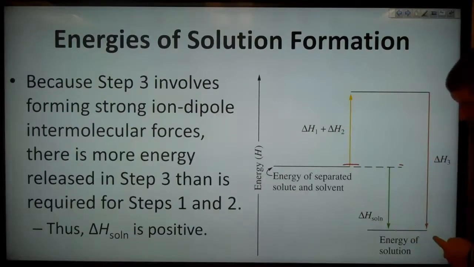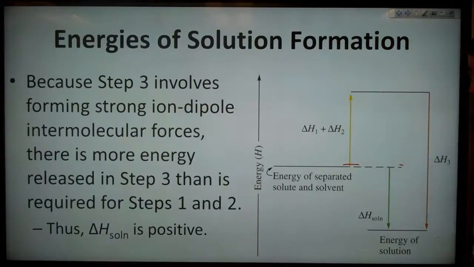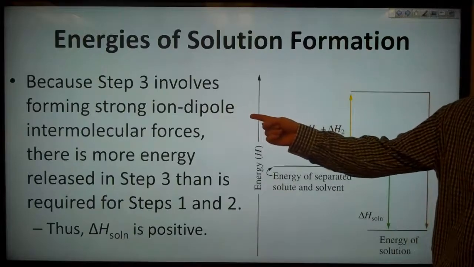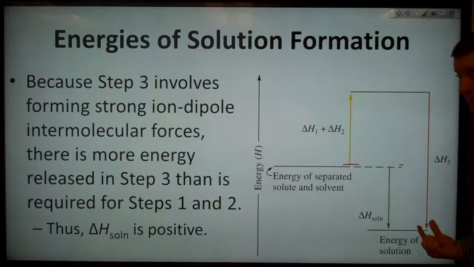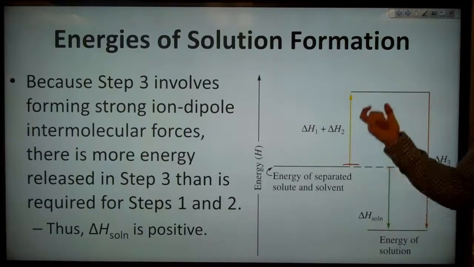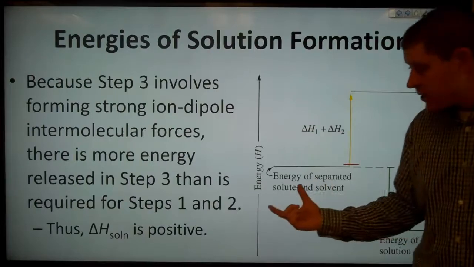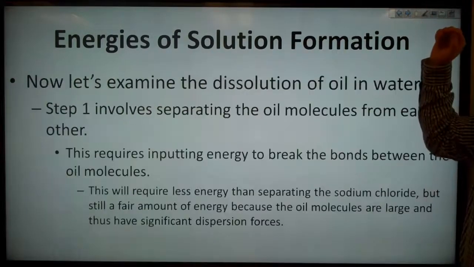We're releasing more energy than what we had to put in. So overall, we get energy out. Again, because we're forming these very strong ion-dipole intermolecular forces, there's a lot more energy released here than the energy that we had to put in to separate our pure substances. And that means that the enthalpy of solution is negative.